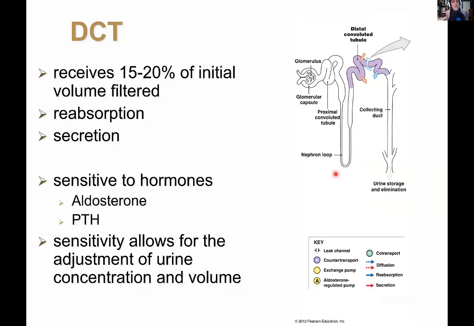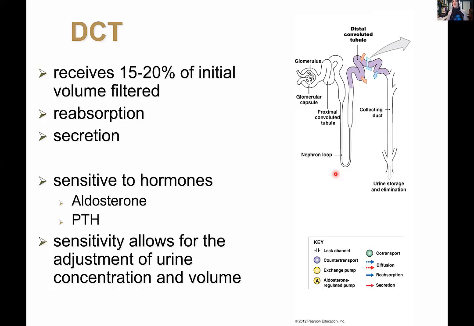So it's going to do some finishing reabsorption and secretion, anything that was missed by the PCT. Also, unlike the PCT, it is sensitive to hormones, specifically parathyroid hormone and aldosterone.